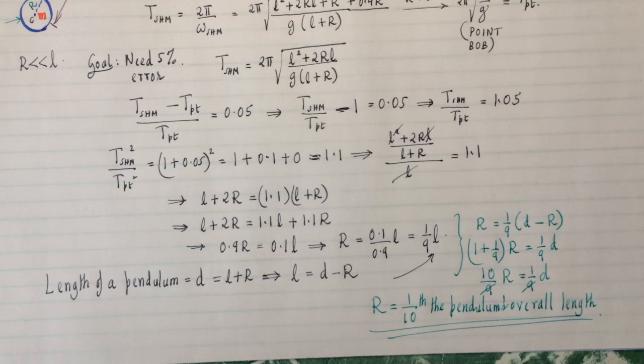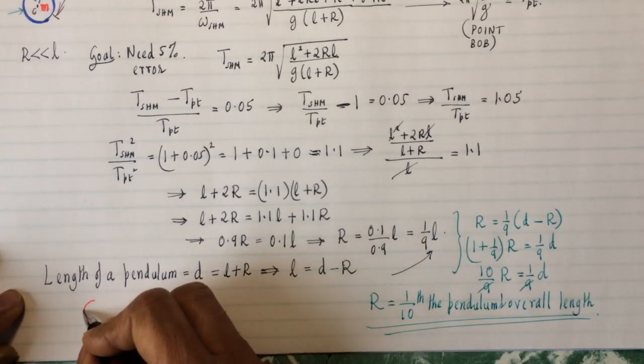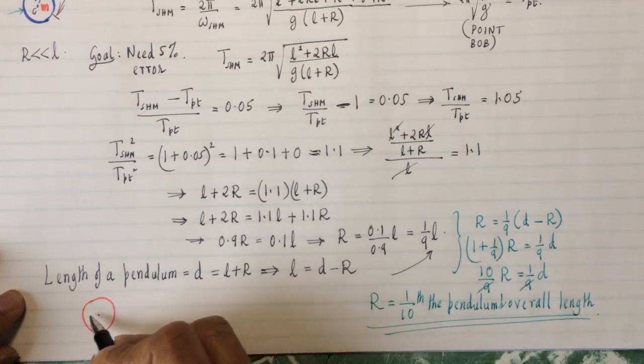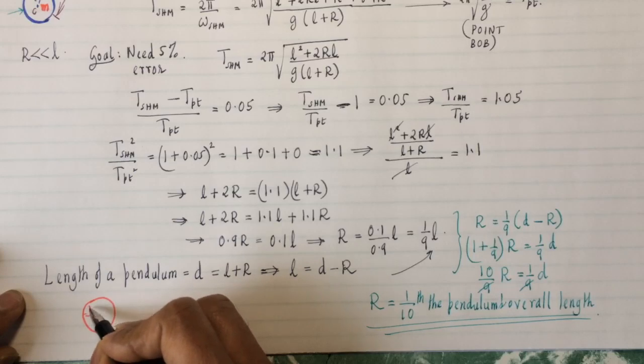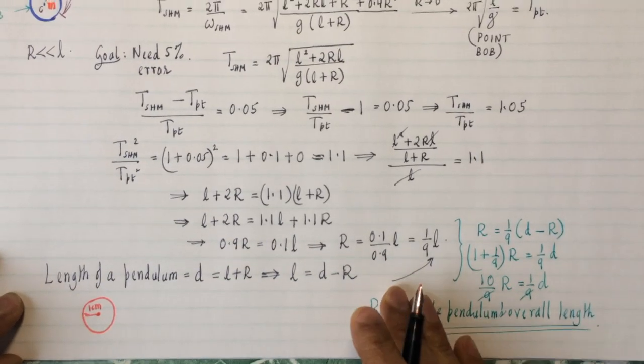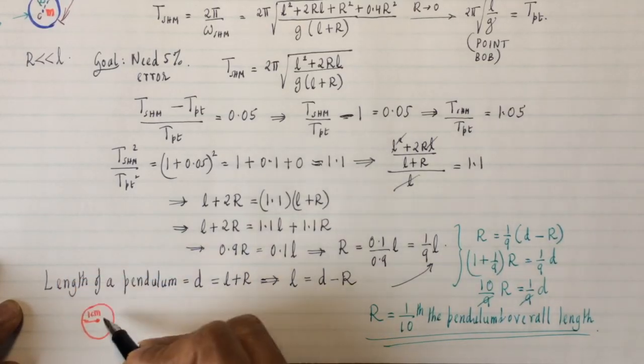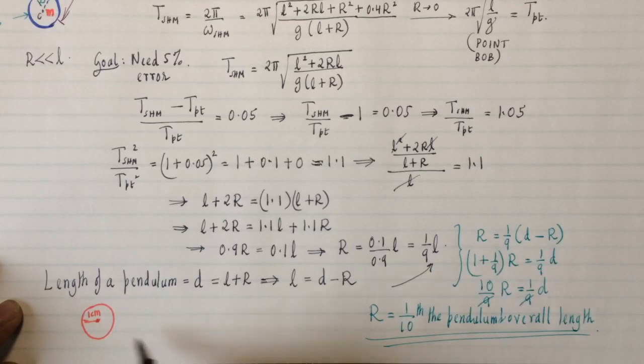So to put it in concrete terms, if you have in your lab a bob that is about 1 centimeter in diameter, this is typical of our labs at MIT. You have these pretty beefy looking balls that are 1 centimeter in diameter, and you make pendula out of them.